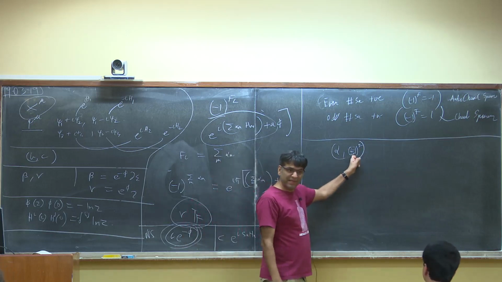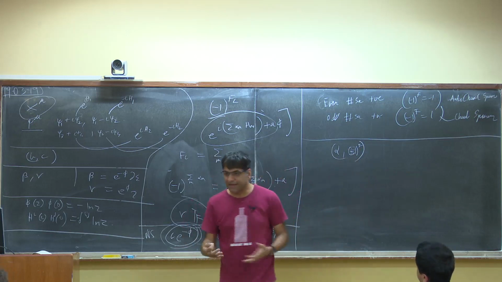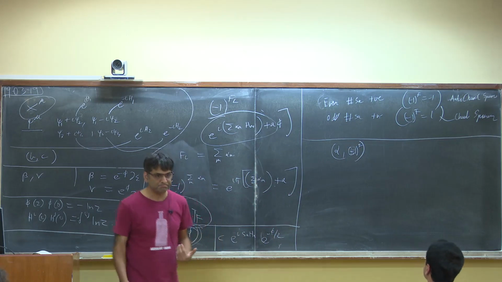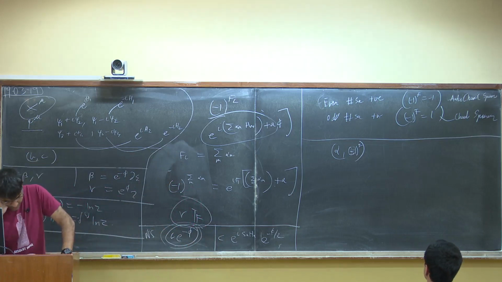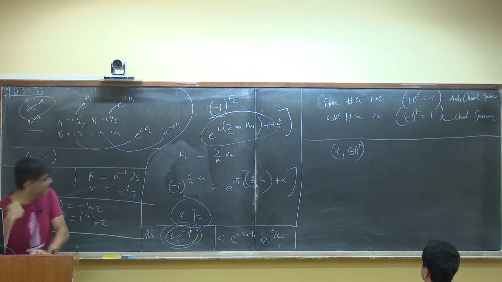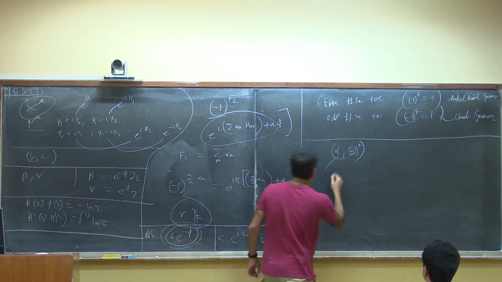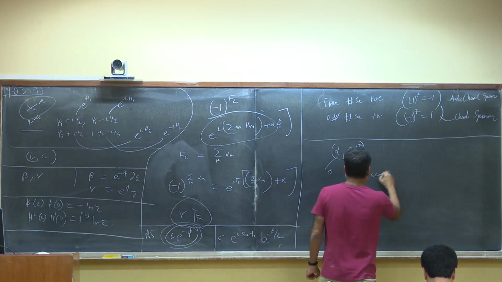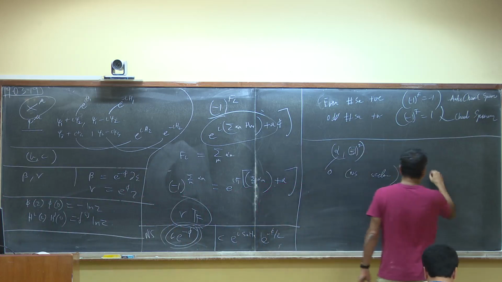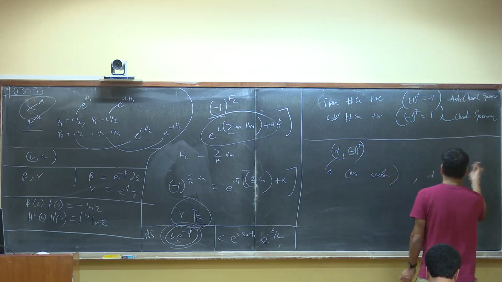This tells you whether we're dealing with a sector where (-1)^F is positive or negative. Alpha is 0 in the NS sector and 1 in the Ramond sector.